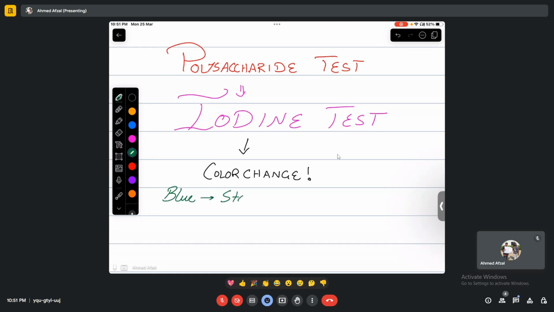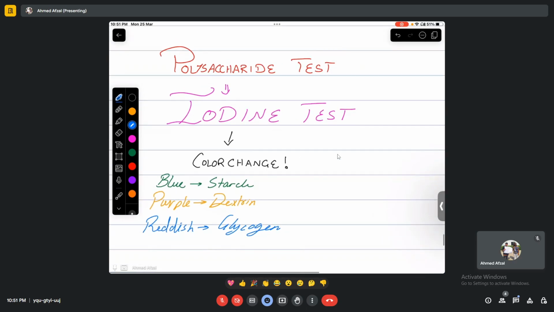If the solution became purple, that indicates the presence of dextrin. And if the solution turned reddish, that is the presence of glycogen. So these are polysaccharides that can be tested through the iodine test.